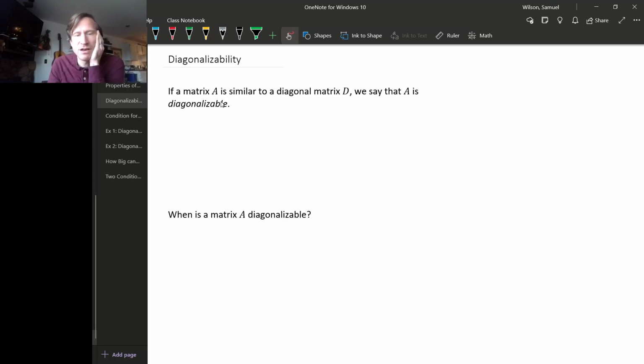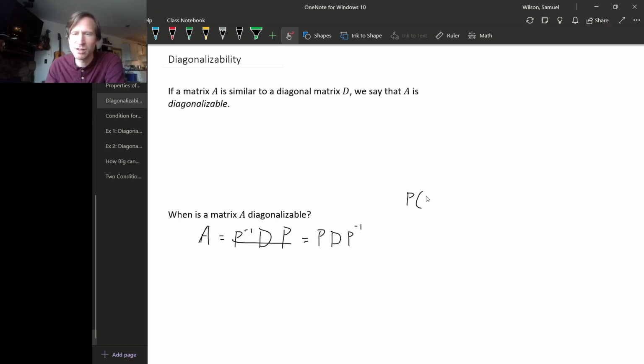Well, if A is similar to a diagonal matrix, that means it has to look like P inverse times the diagonal matrix D times P. Okay, and actually I want to write this one the other way. I want to write this as P D P inverse.